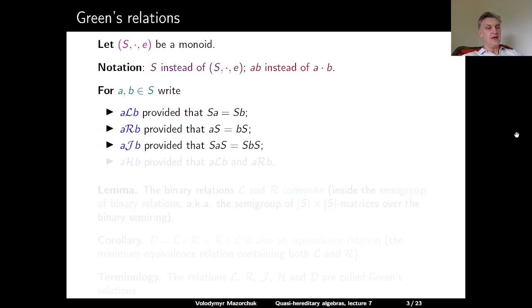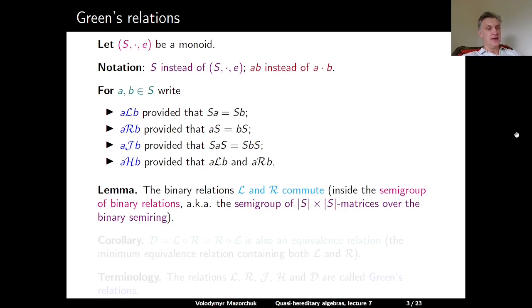And we will write A, J, B, provided that the two-sided ideals generated by A and by B coincide. We will write A, H, B, provided that A, L, B and A, R, B. So in this way, we define binary relations L, R, J, and H on S.